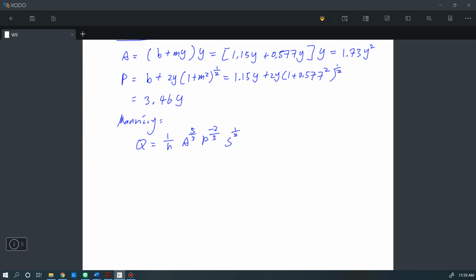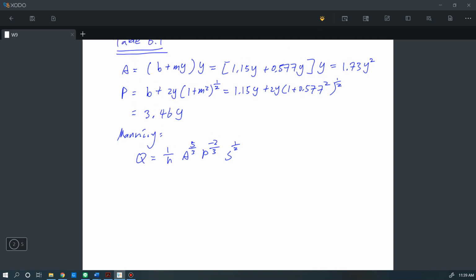And let's plug all these values into here.